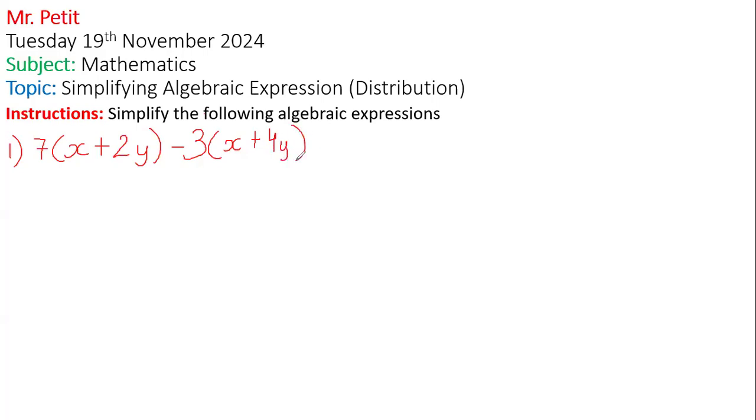And so our goal is to simplify this algebraic expression. So again, what do we have? We have 7, open bracket, x plus 2y, minus 3, open bracket, x plus 4y.